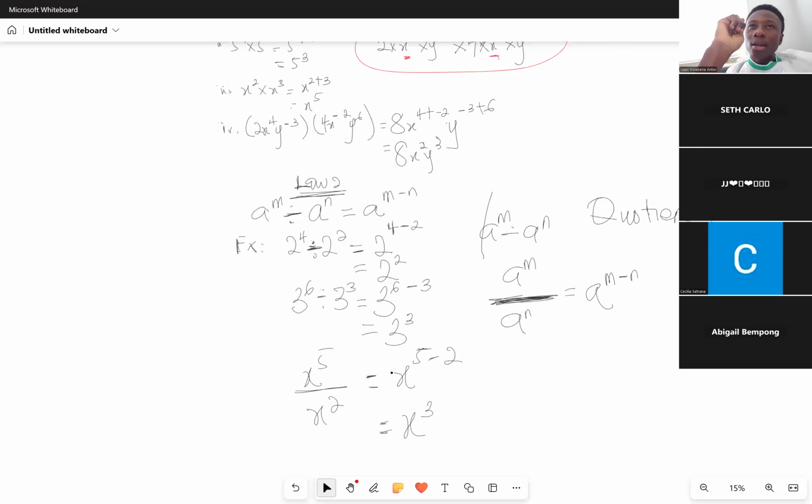I'm going to teach you the last law, then I'll teach you some properties: some indices exhibit a certain kind of feature, and I want to show you what your conclusion should be should you find them.